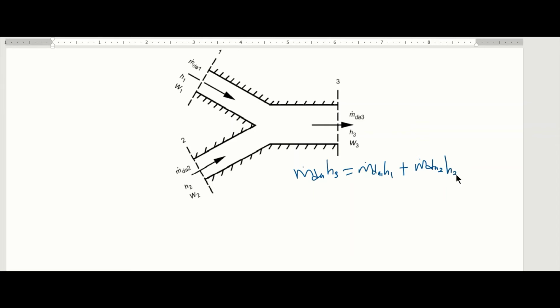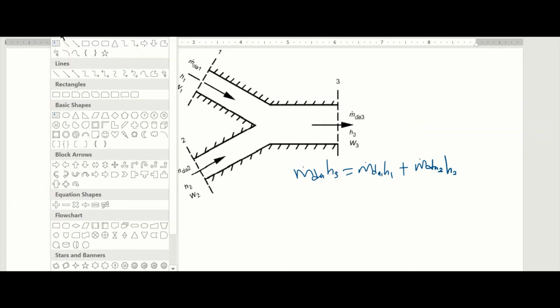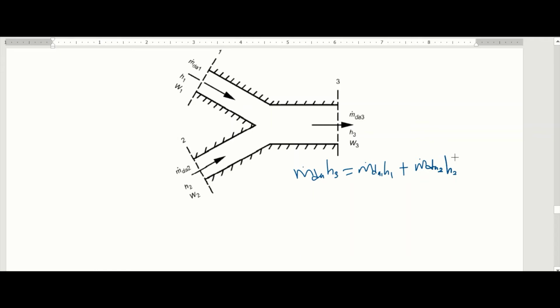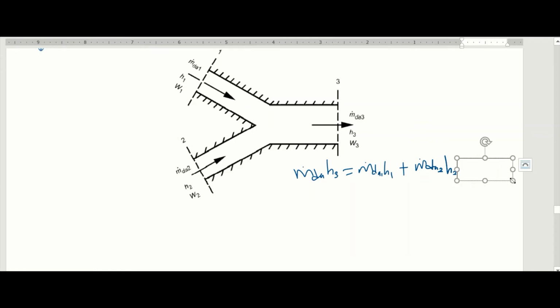We can do the same for the humidity ratio, and please note that this is called our energy equation.